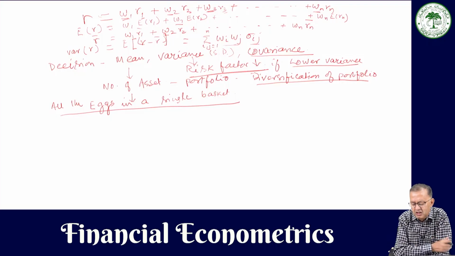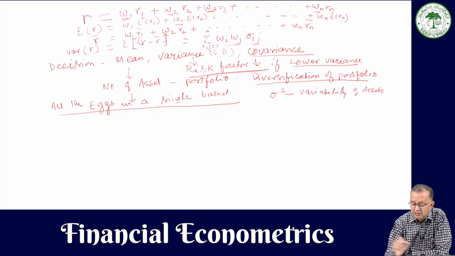Let us take a hypothetical example where we assume that the variability of all the assets is constant, equal to sigma square, and there are n assets equally distributed.